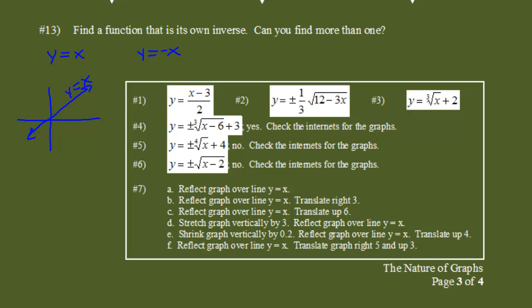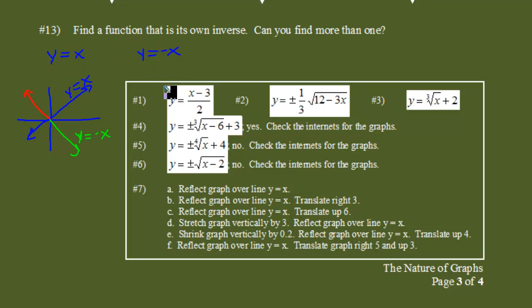Y equals negative x looks like this. If this is reflected over the line y equals x, it's just going to take this green part and put it where the red part is, and it's going to take the red part and put it where the green part is.